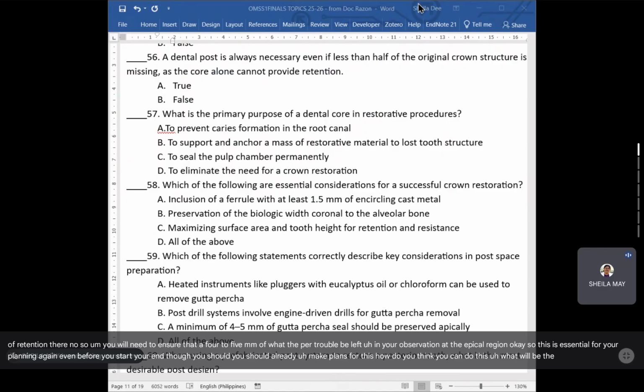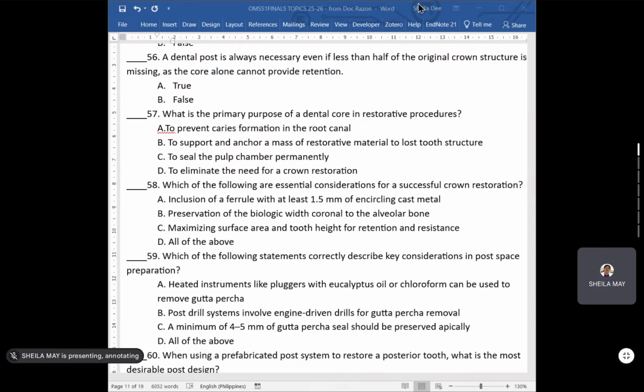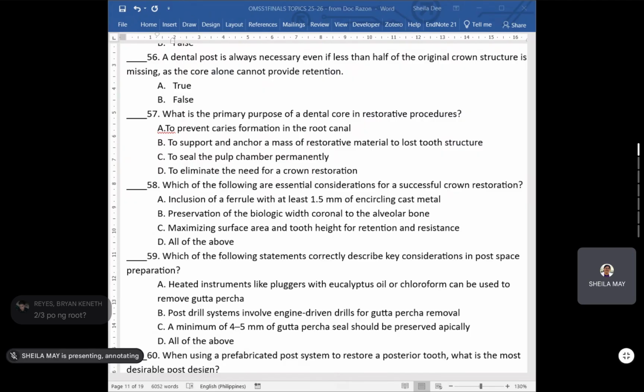What will be the minimum length of your post? What's the minimum length of the post? Post length.